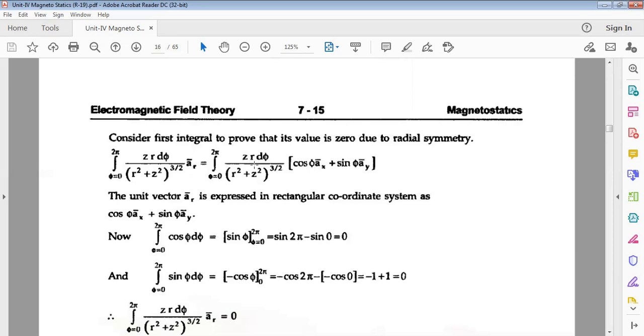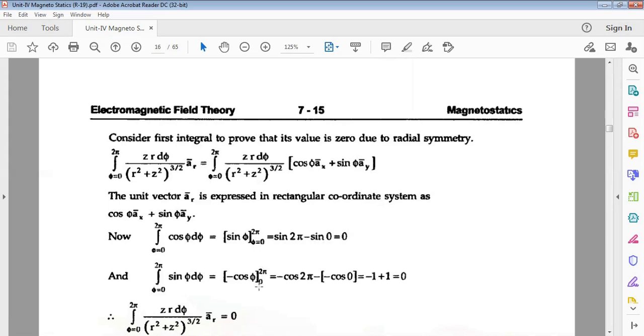Now, the AR bar you can write as cos phi AX bar plus sin phi AY bar. The unit vector AR bar is expressed in the rectangular coordinate system as cos phi AX bar plus sin phi AY bar. The integral of cos phi is sin phi, so sin 2 pi minus sin 0 is 0. And the integral of sin is minus cos phi.